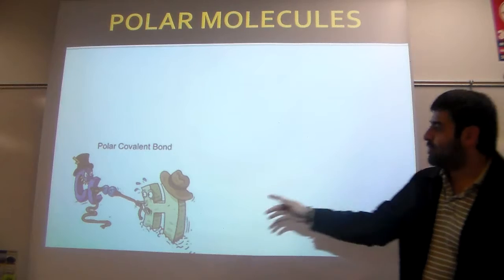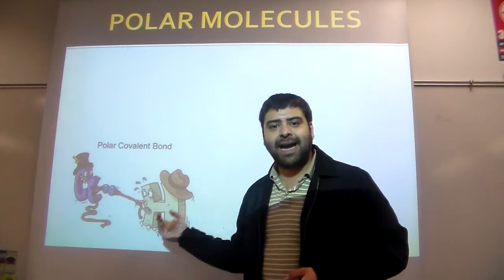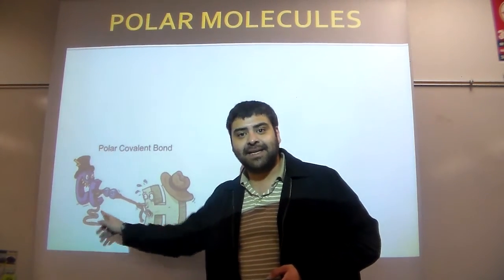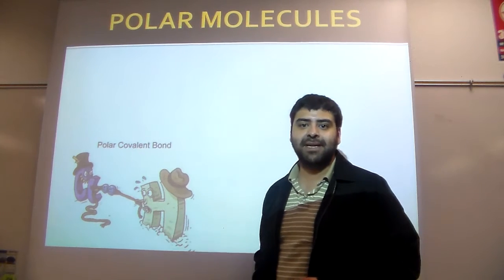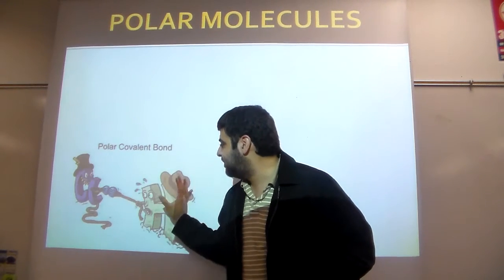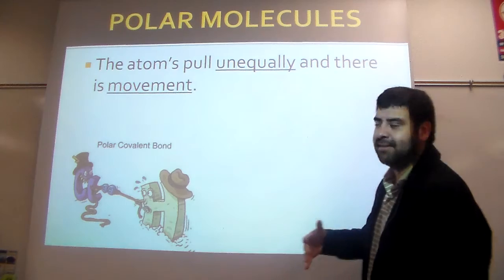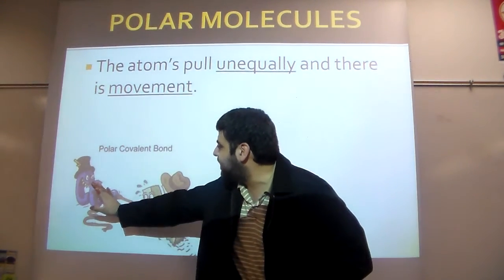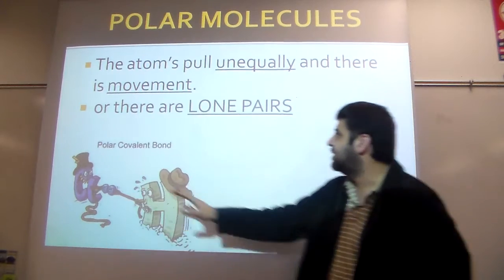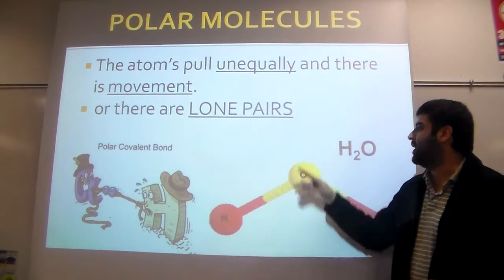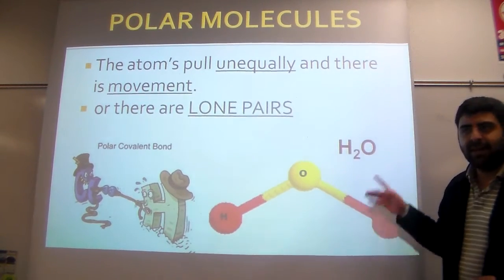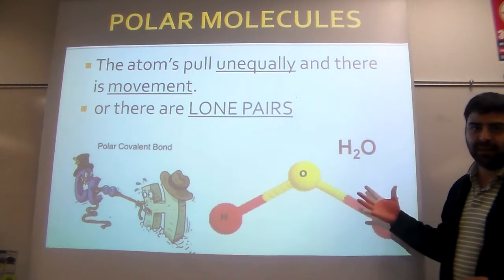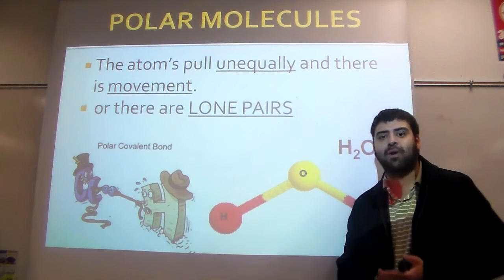Polar, on the other hand, is whenever there is movement. Just like we saw H with Cl, clearly Cl is winning. There's a pull, there's movement. That means there's a positive and negative end that forms, giving us these 2 poles. The reason is these electrons are pulled unequally, you will see movement. Or the other reason may be they're simply lone pairs. Water is polar, and as I said, you need to know certain things about water always.